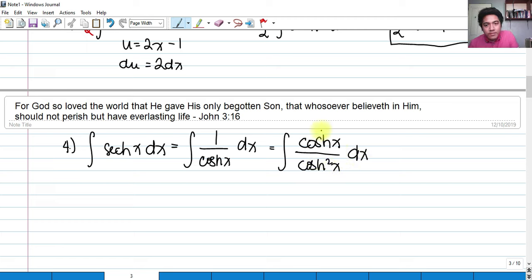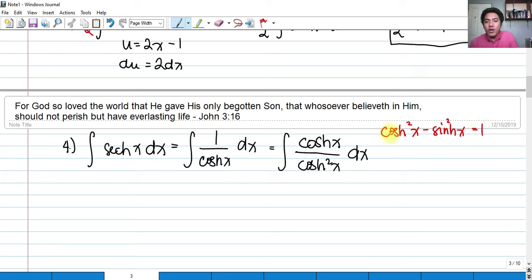This integrand is equal to the original because hyperbolic cosine of x divided by hyperbolic cosine squared of x is still 1 over hyperbolic cosine of x. And we must take note that there is an important identity involving hyperbolic functions wherein we have this identity.